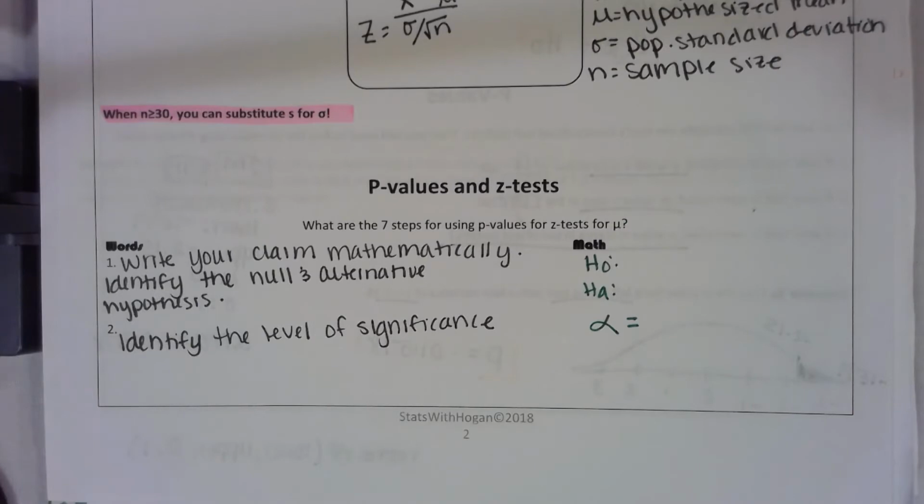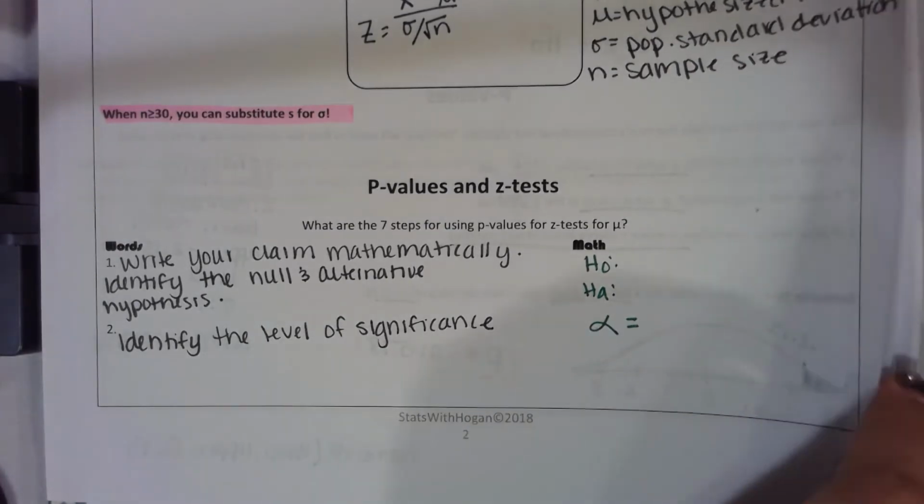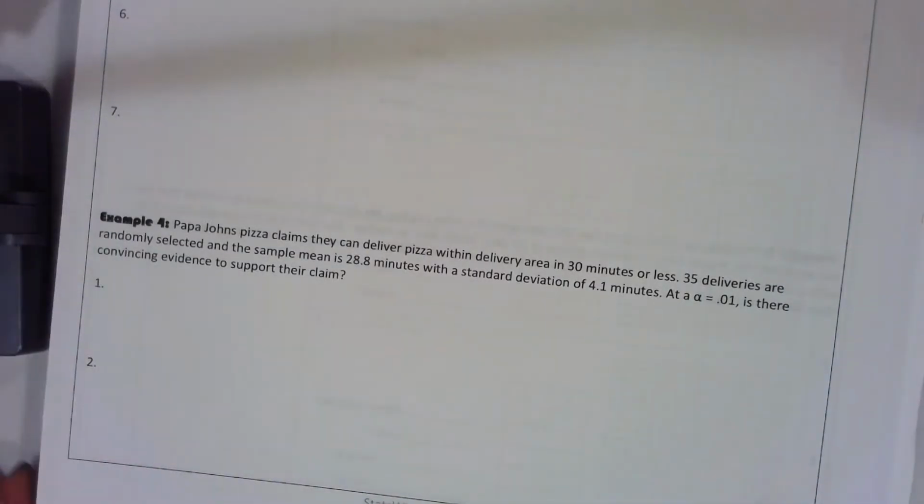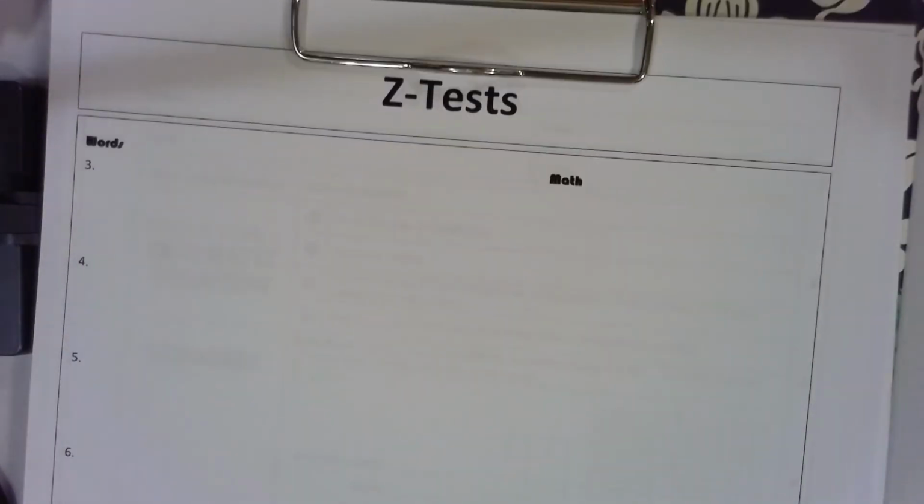Then number 4, you need to calculate the area of the test statistic. So that's using the second vars, number 2 normal CDF.